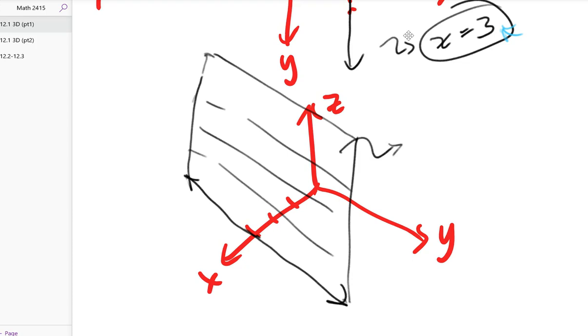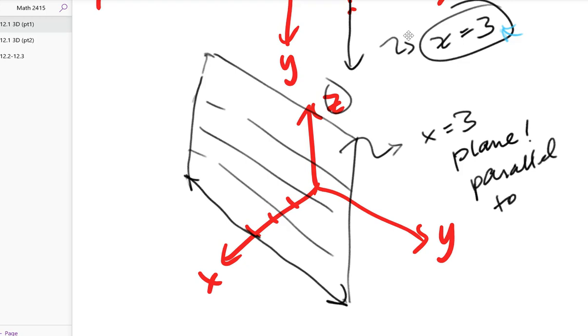And so what I get here, x equals 3, is a plane. Okay? So this is a plane that's parallel to the z-axis. All right? Parallel to the z-axis, and it's also parallel to the y-axis, to y and z axes.